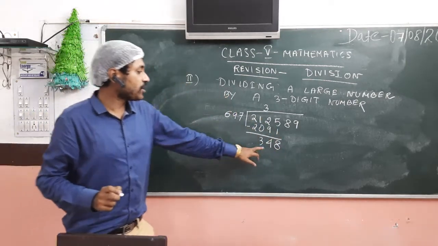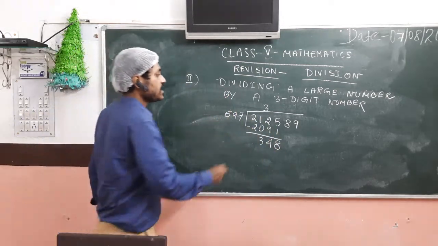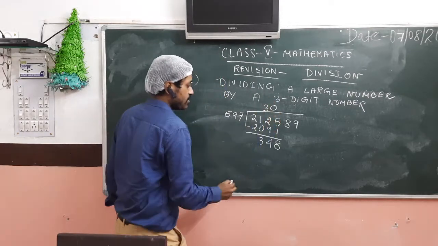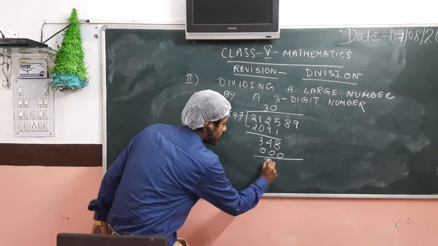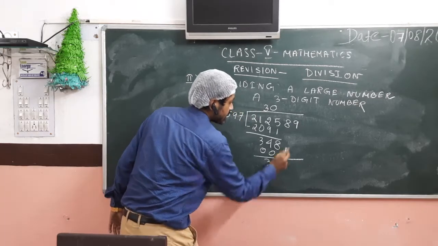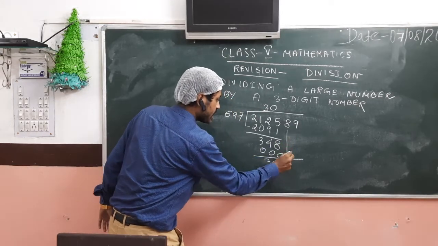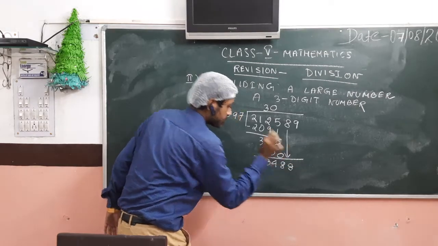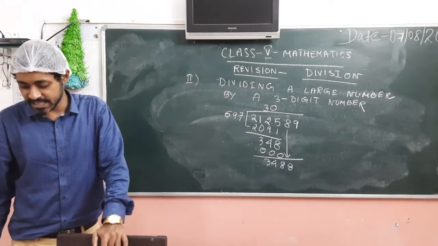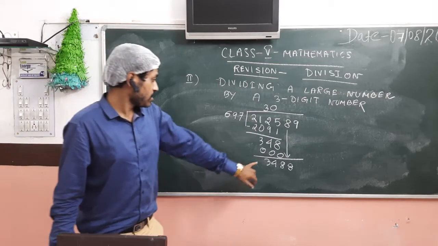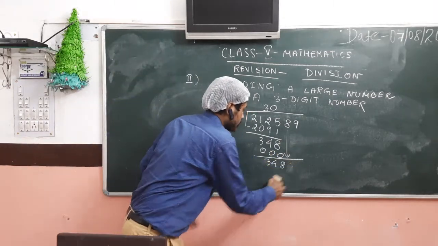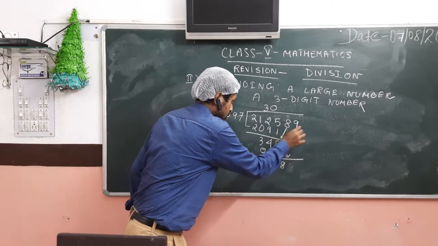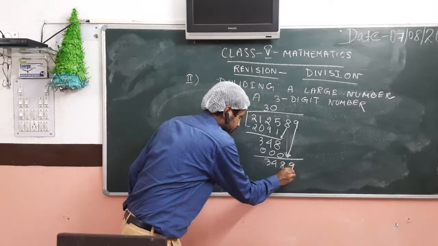Now since 348 is lesser than 697, we take a 0 here and multiply, and we get 3 zeros, and then we bring this 8 down. We get 3, 4, 8, 8. 8 is already down. We'll bring down the 9.